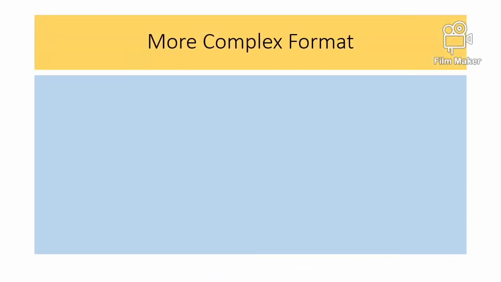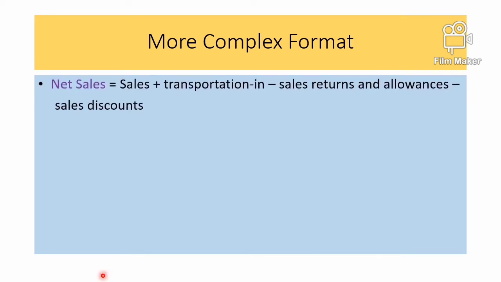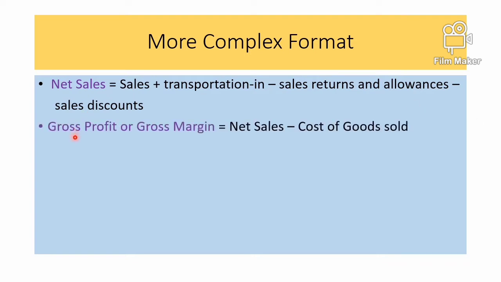More complex formula. Net sales is equal to sales plus transportation in minus sales returns and allowances minus sales discount. Gross profit or gross margin is equal to net sales minus cost of goods sold.